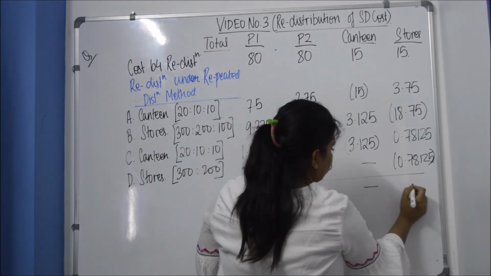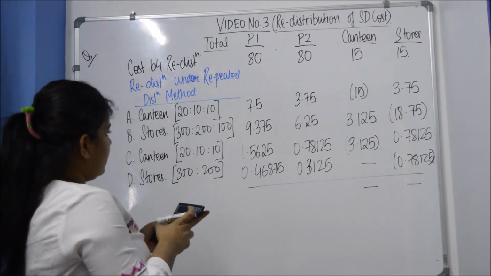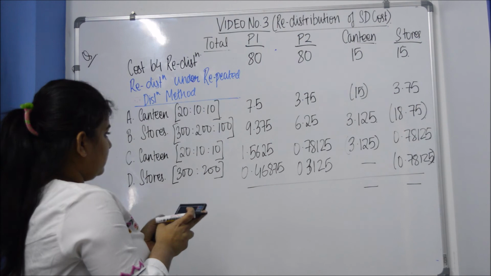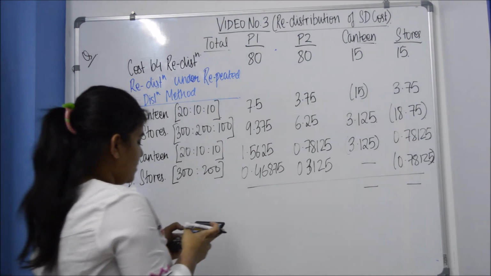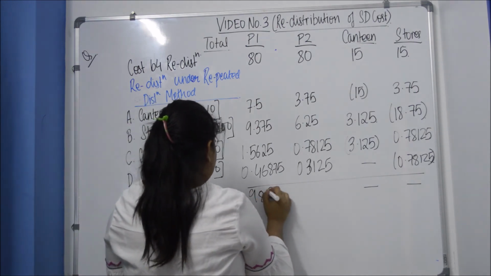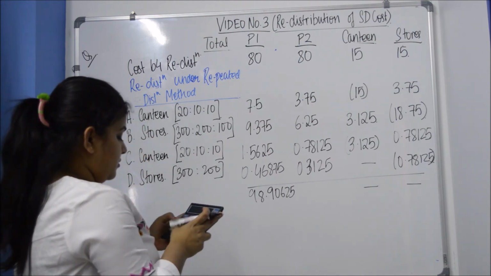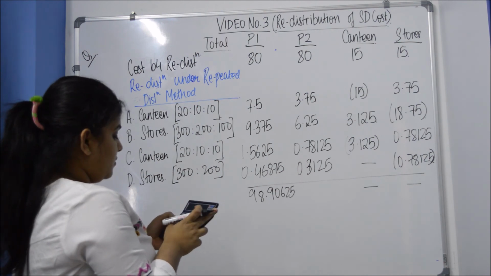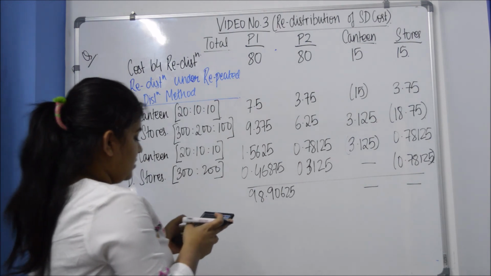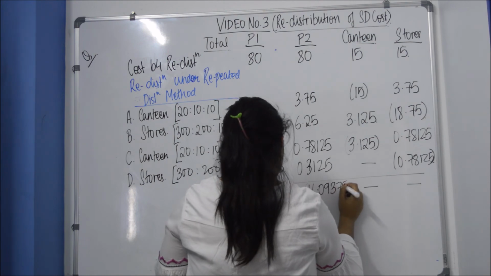The service departments will become 0 and your P1 balance would be 98.90625 and P2 would be 91.09375.